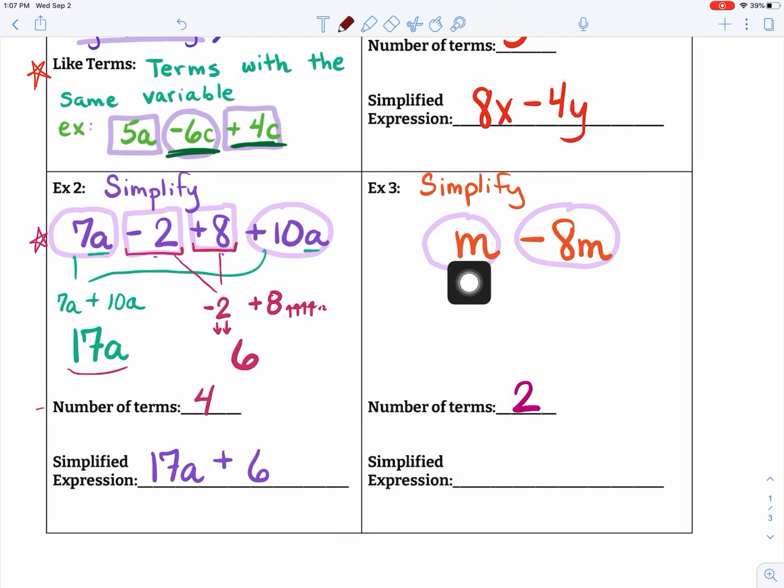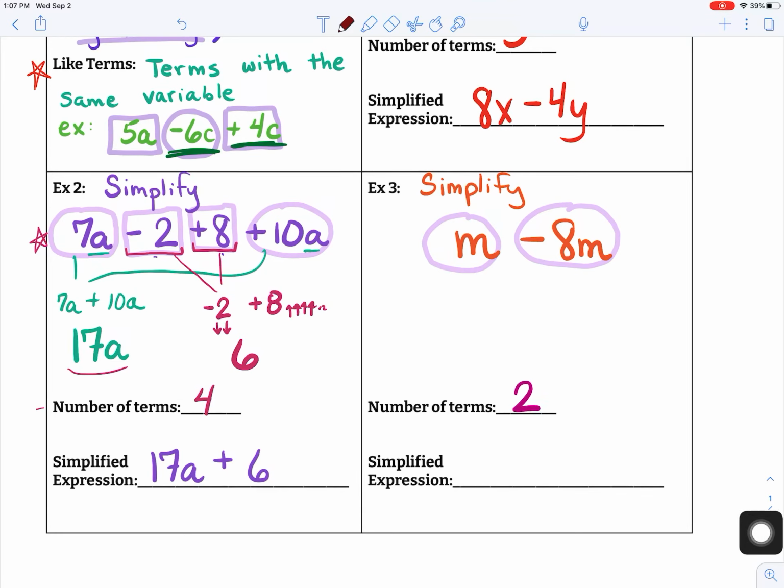Well, when I look at this first term, there is no number sitting in front of it. And a lot of kids look at this and they think, well, it's 0, right? If there's nothing, it's 0. But I have an m, right? There's an m sitting there. And I want you to think, how many m's am I looking at right here? Not 0. It looks like there's 1 m.